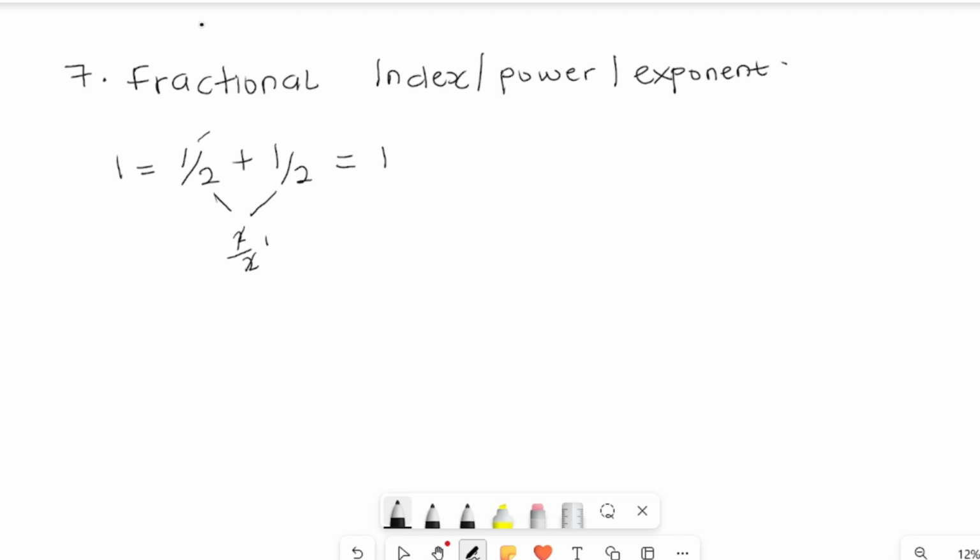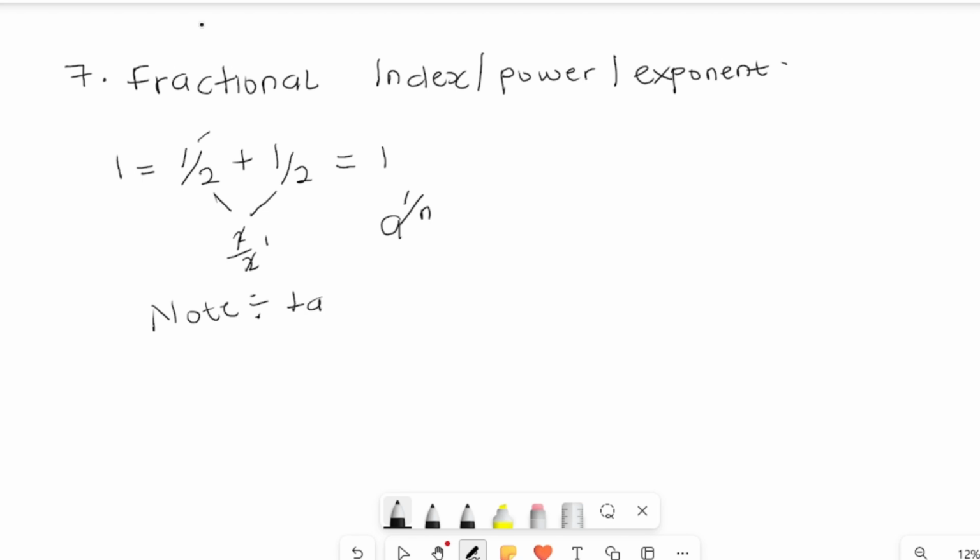So imagine attaching a fraction to a base. Let's say our base now is a raised to power 1 over n. So this 1 over n is a fraction. And whenever you see a fraction, take note, it simply means taking the root of that power.